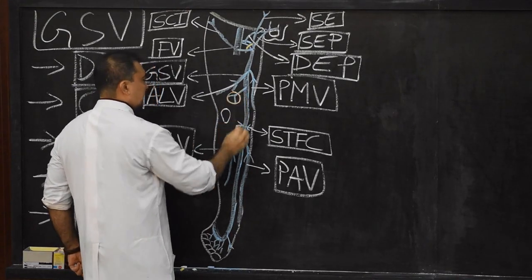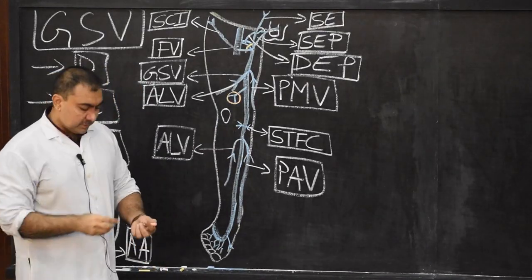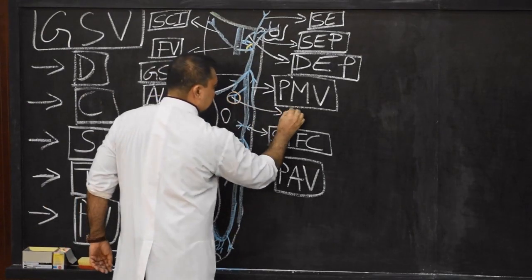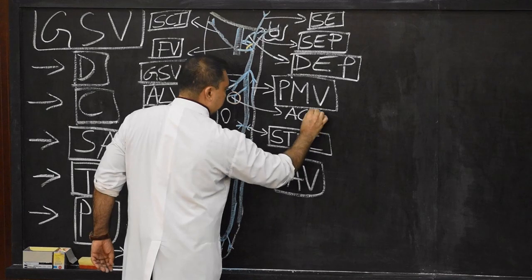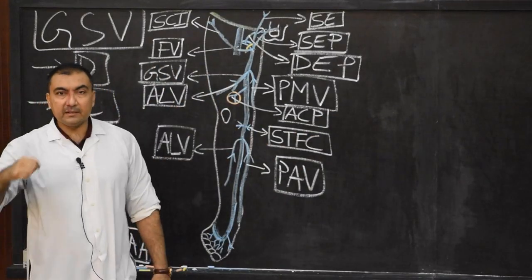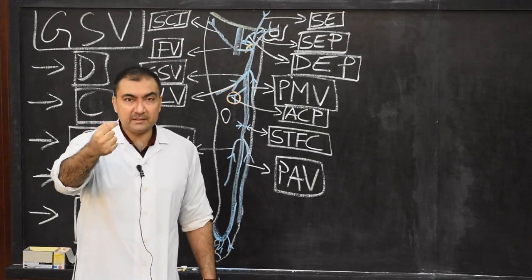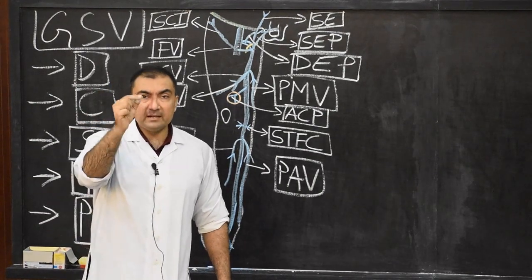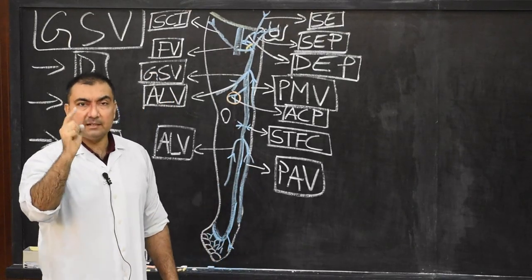In this perforator, the great saphenous vein, the superficial vein, communicates with the deep vein, that is the femoral vein. So it is called the mid-hunter perforator or adductor canal perforator.